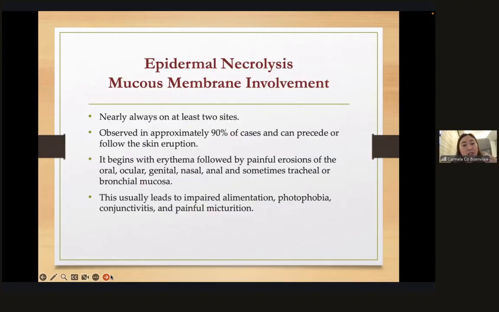It begins with erythema on the mucosal surface, followed by painful erosions. It could be the oral, ocular, genital, or nasal area that is involved, sometimes even the tracheal and bronchial mucosa. This would lead to impaired alimentation, photophobia, conjunctivitis, and painful micturition.